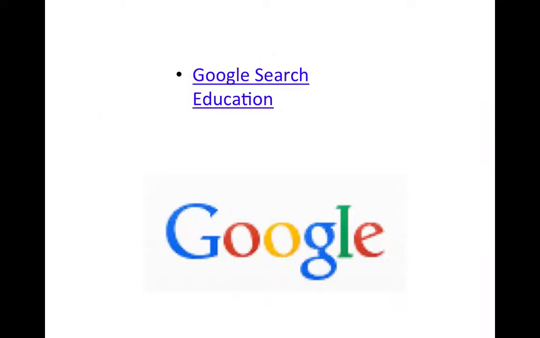It's huge for moving forward. And so I'm going to recommend that you take a look at something called Google Search Education. And when we're talking about knowing how to understand search results, let's go to the experts, because I don't know about you, but Google is my go-to search engine. I think from reading the comments that you all have shared, that may be true for you too.